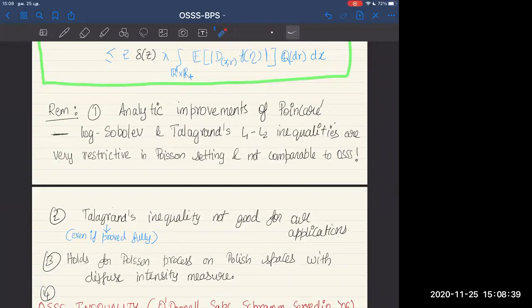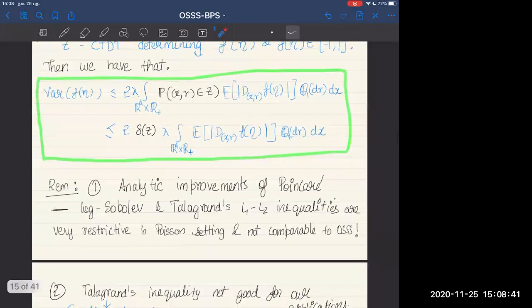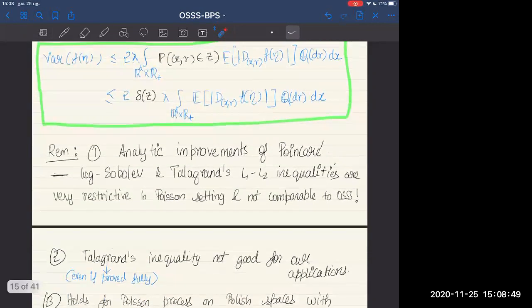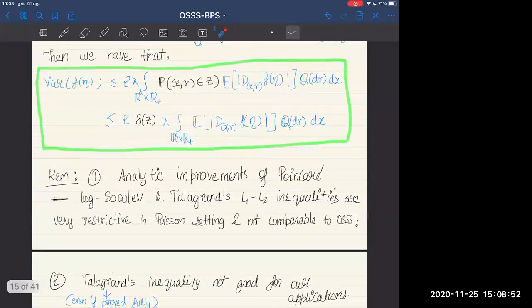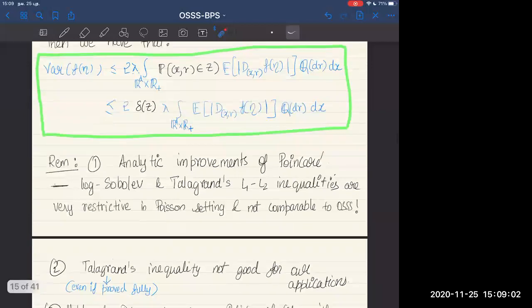The OSSS inequality is proven in full generality on Polish spaces and Poisson processes with diffuse measure. I have stated a version here for the specific Poisson process we are interested in, but it can be proven for any Poisson process on a Polish space with a diffuse intensity measure.